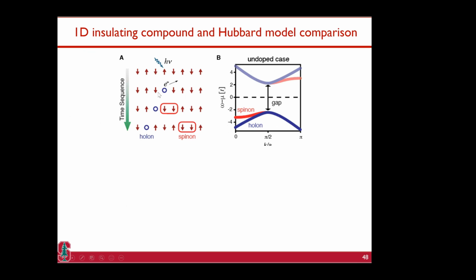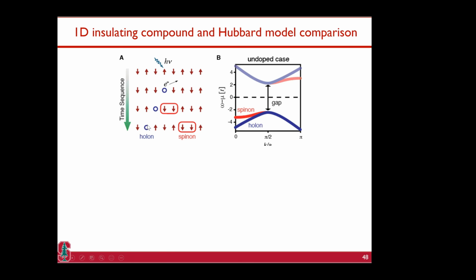Now you can see that as this hole moves to here, and to here, and to here, essentially you move one spin. If you move one more, you move another spin. Even though I take only one hole, I end up with two defects. In this case, I have a defect where you can see on both sides, the spin is correctly aligned antiferromagnetically.